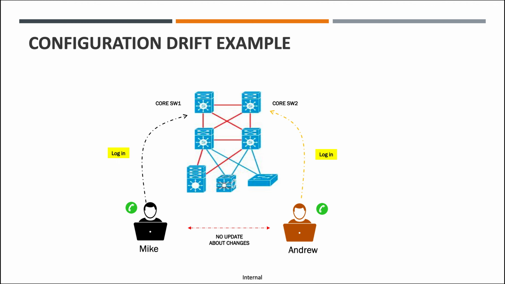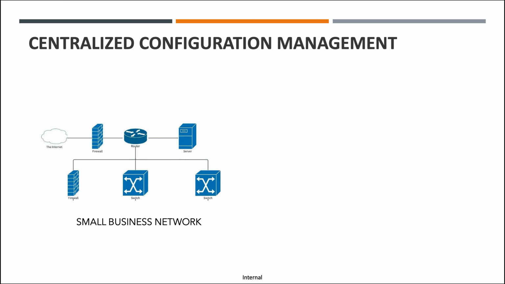Over time they get busy, this topic never comes up, and neither mentions the changes to each other for months. This explains how configuration drift can occur, an effect in which the configuration drifts away from the intended configuration over time. This can be controlled by using centralized configuration files and version control, which we'll discuss in the upcoming slides.